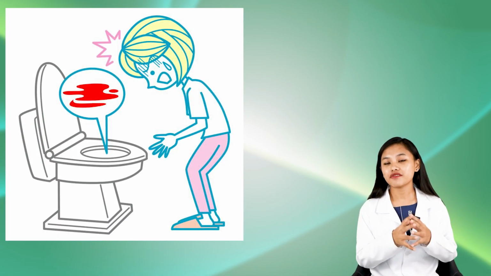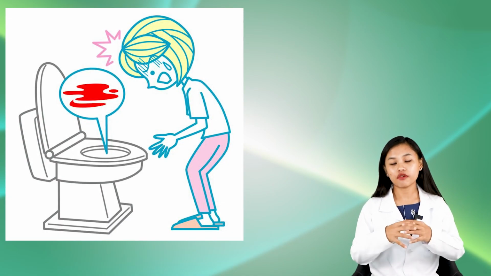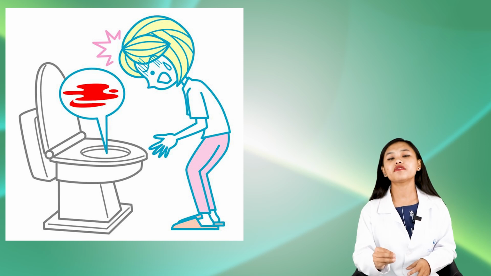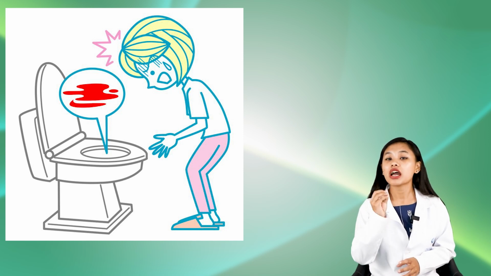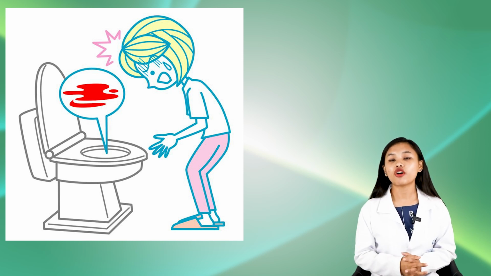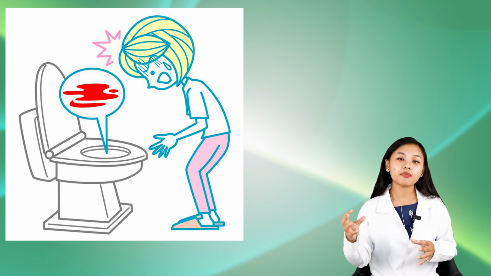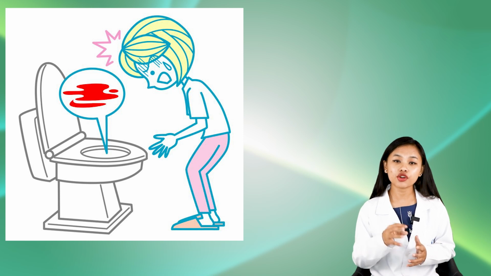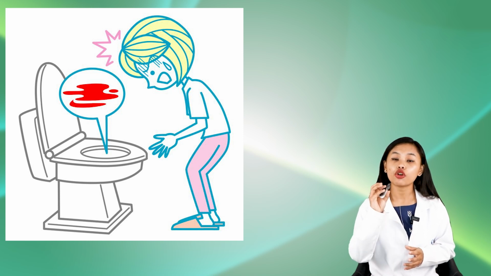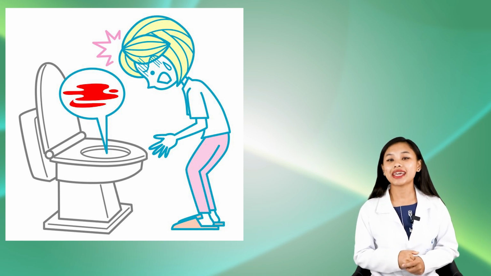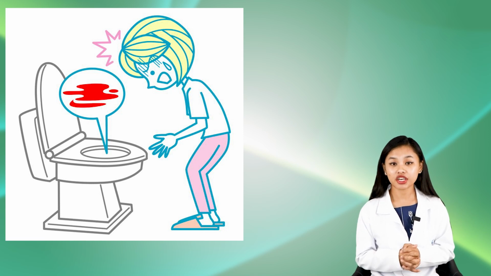So if the signs and symptoms are not visible, or if there is blood in the stool from any non-specific source, then by using guaiac as a reagent, we can determine the condition.